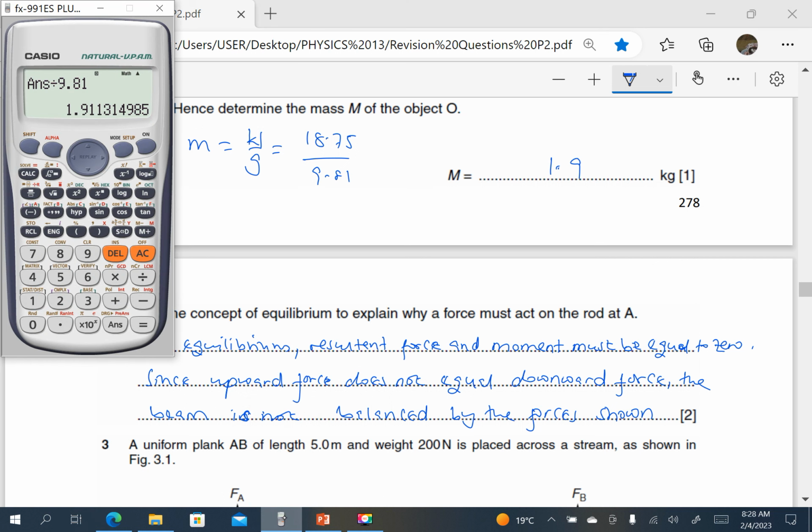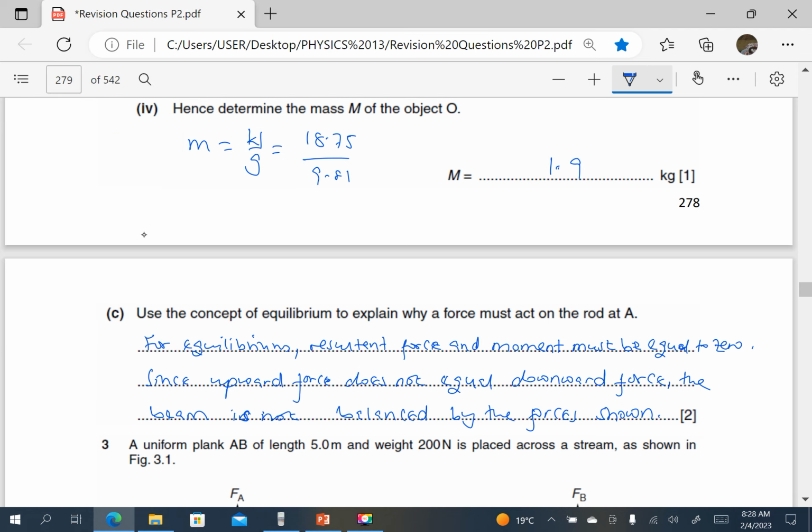So there must be another force. We have 8.5 downwards plus 19 downwards, which gives us 27.5, but the upward force was 23, so minus 23. So there must be another upward force of 4.5 newtons required to balance the forces.